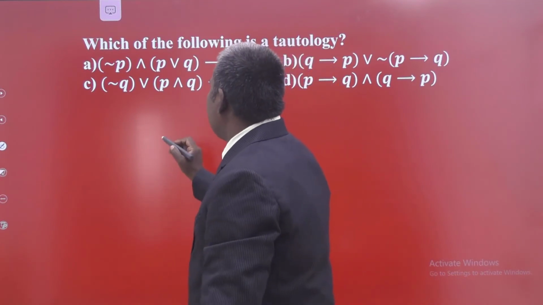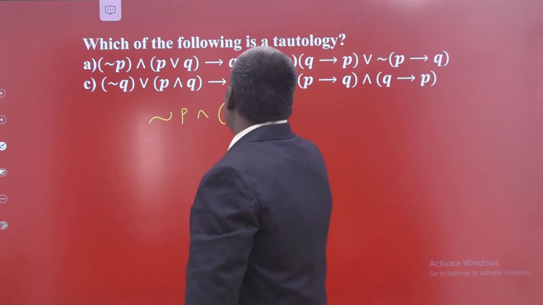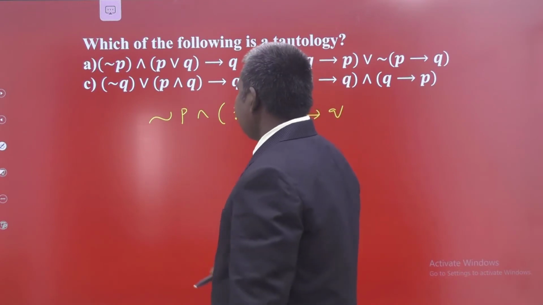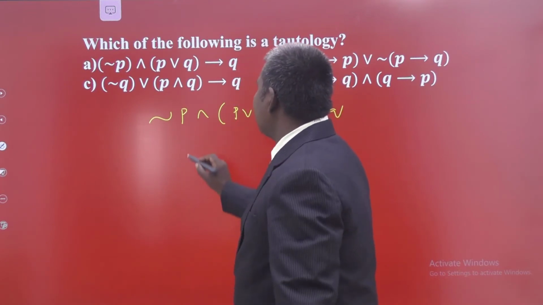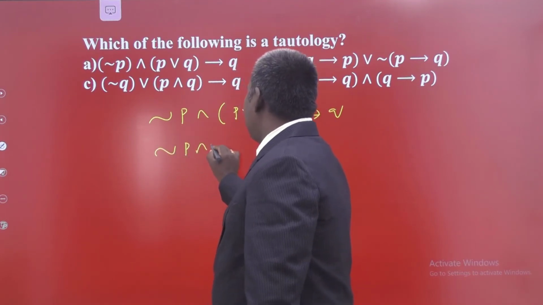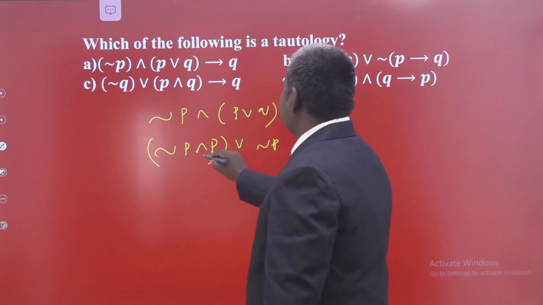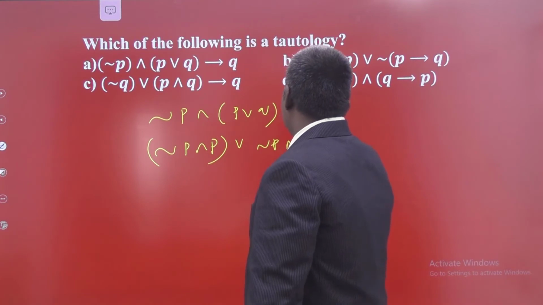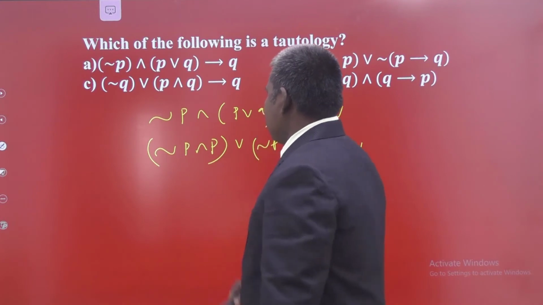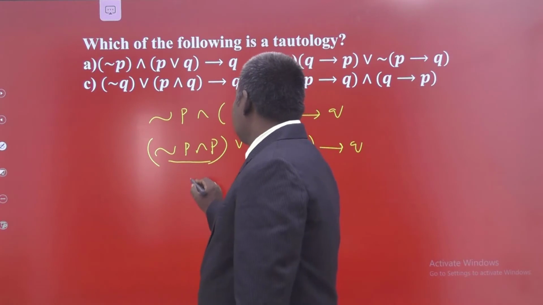For the first option, (¬P ∧ (P ∨ Q)) → Q is there. This means (¬P ∧ P) ∨ (¬P ∧ Q) → Q. This is the distributive law. ¬P ∧ P is always false.